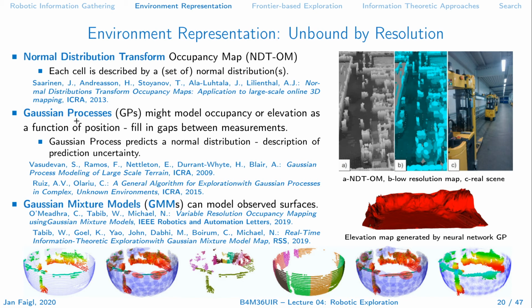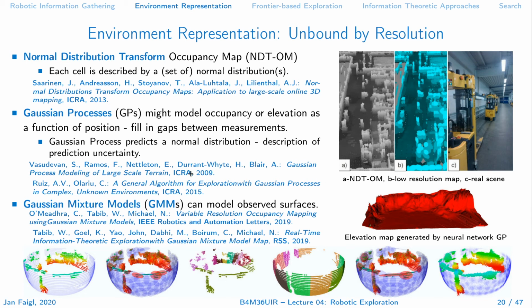If you are familiar with the machine learning technique of Gaussian processes, then it may also be used to model the occupancy or elevation as a function of position. The Gaussian processes in theory will fill gaps between the measurements. A nice feature of Gaussian processes is that they predict a normal distribution and provide a description of prediction uncertainty, and we will use this in information theoretic based approaches.